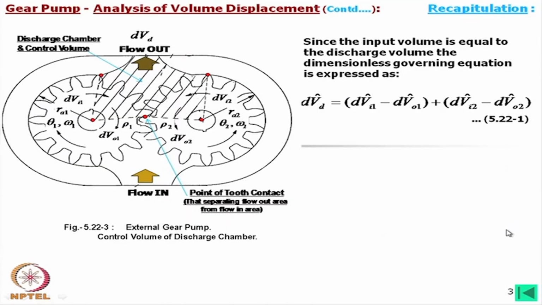Now, we also learned that if we consider this as the external pump, we have to consider a control volume constituted by the point here, the point at the mesh, and the point on the other side of the wall. Now, what is happening when this rotates clockwise and this rotates anti-clockwise?